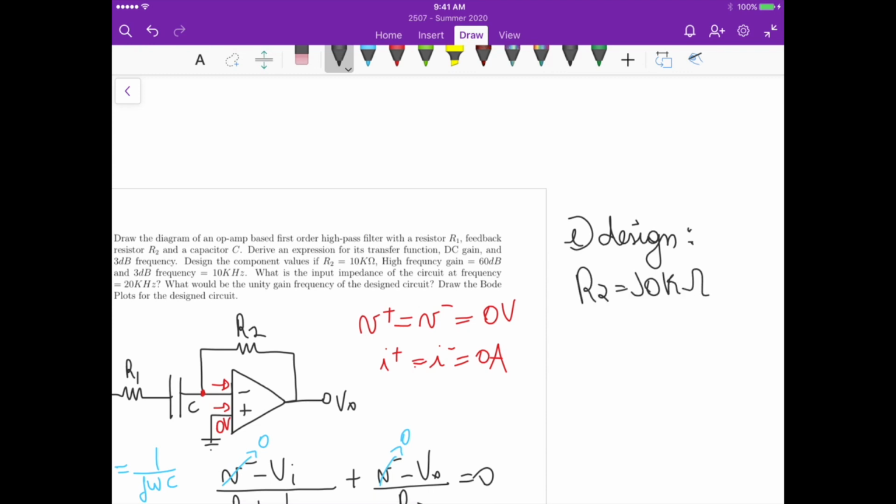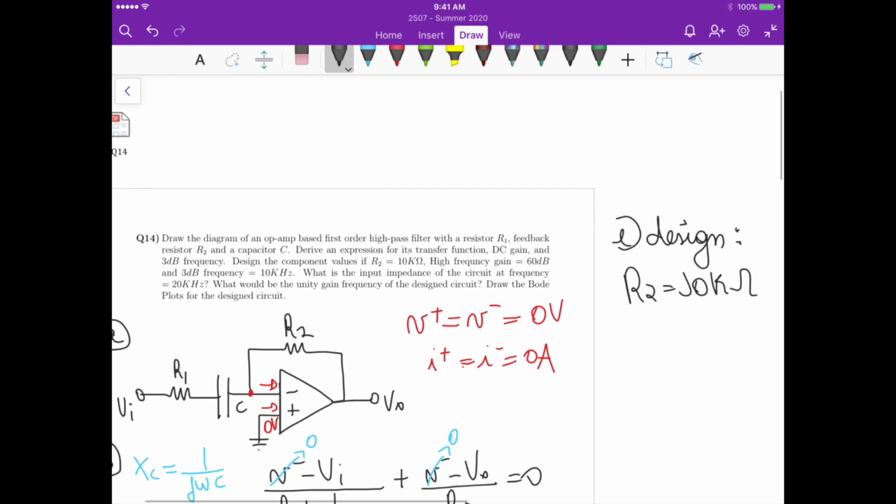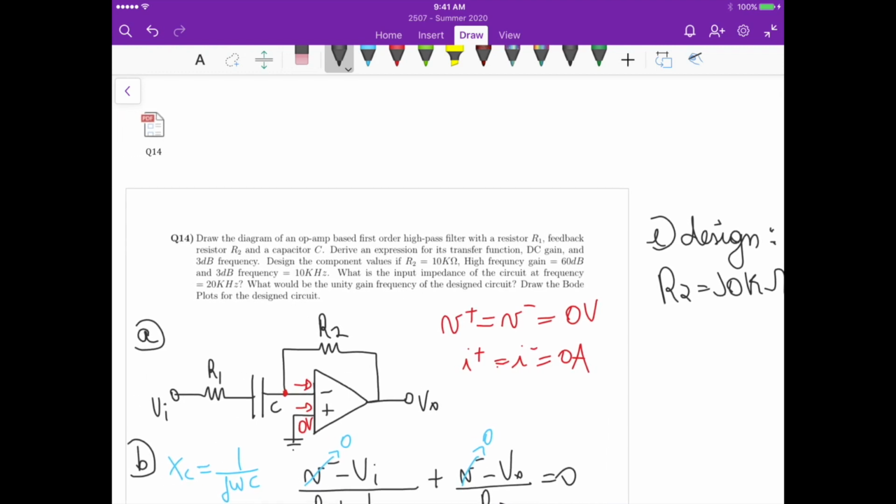We already know the value of R2. Remember, what I told you before, R2 over R1, was the DC gain; I just thought about the other case, but this one is the high frequency gain.